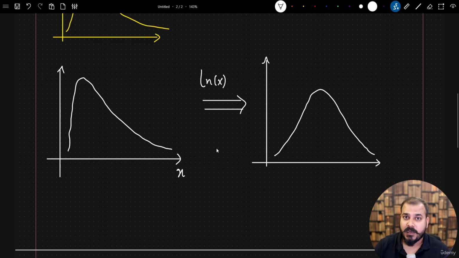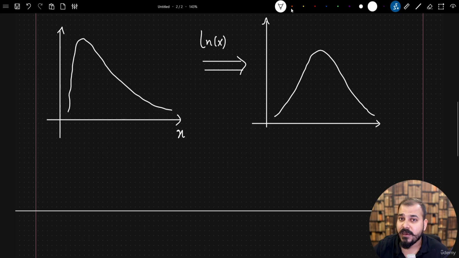And vice versa, if I have this normally distributed y and I apply the function exponential of y, then I will get this kind of log normal distribution. So this is normal distribution, and this is log normal distribution.